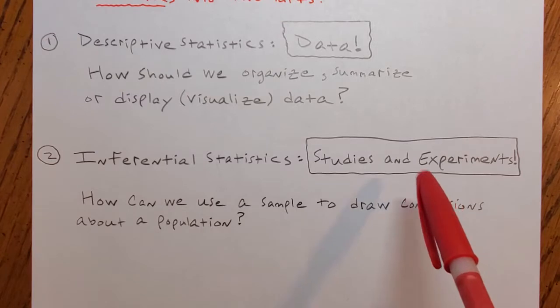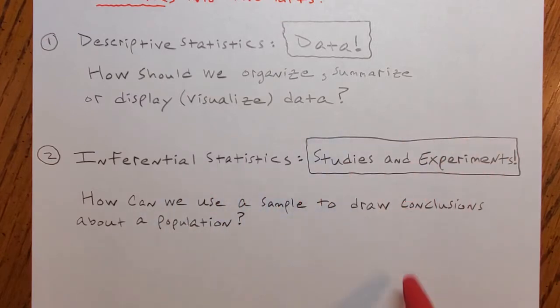But what we do in inferential statistics is use a sample, right? Whether you poll people informally about their preference on something or set up an experiment and give patients a particular medication that's supposed to produce a measurable result, whatever that is, that would take place in inferential statistics.